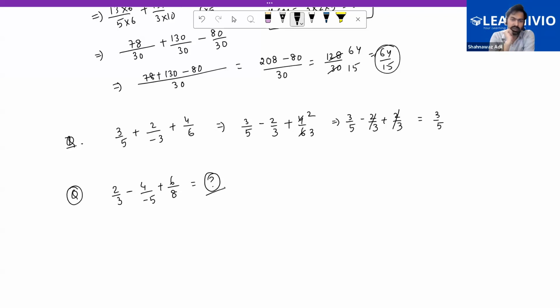In this bridge course, we will try to improve our calculation, and these are the basic operations that we will try, right? So this question, and we'll do one more question, and then we'll stop at this.